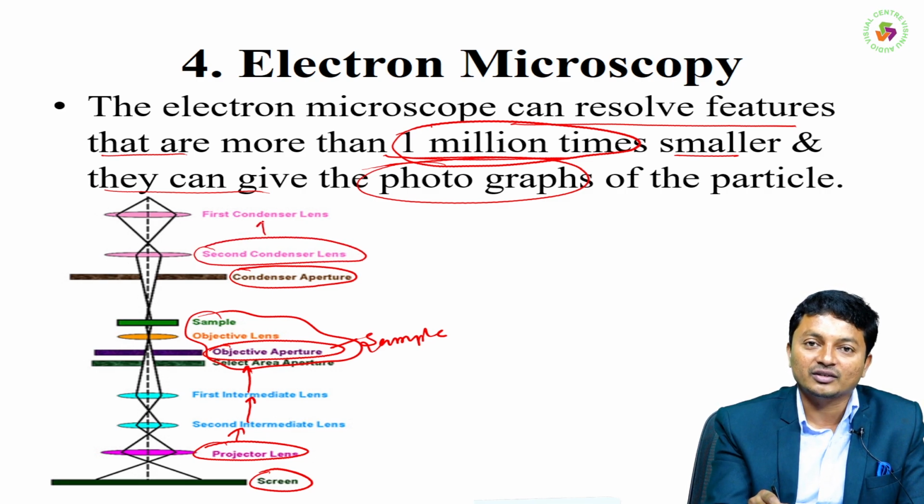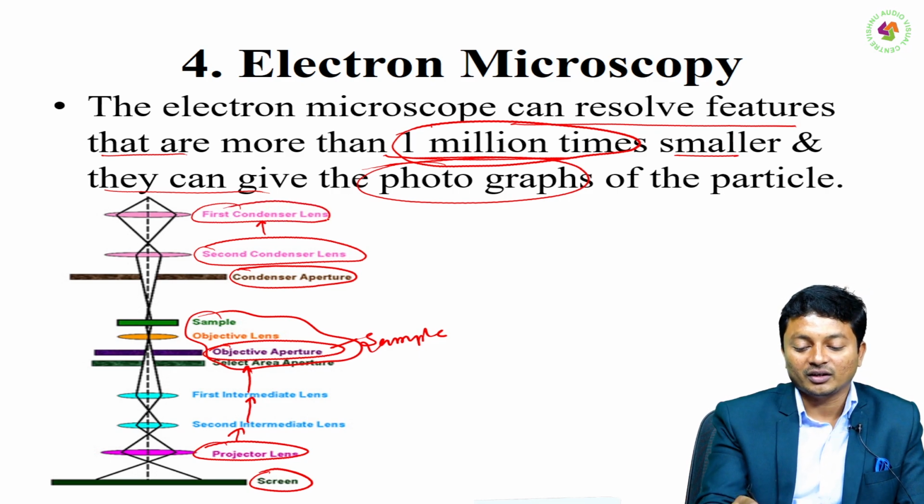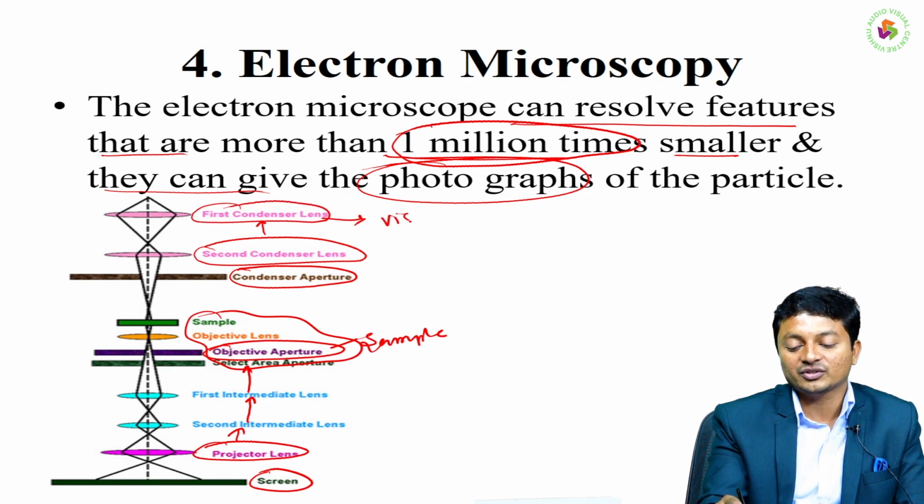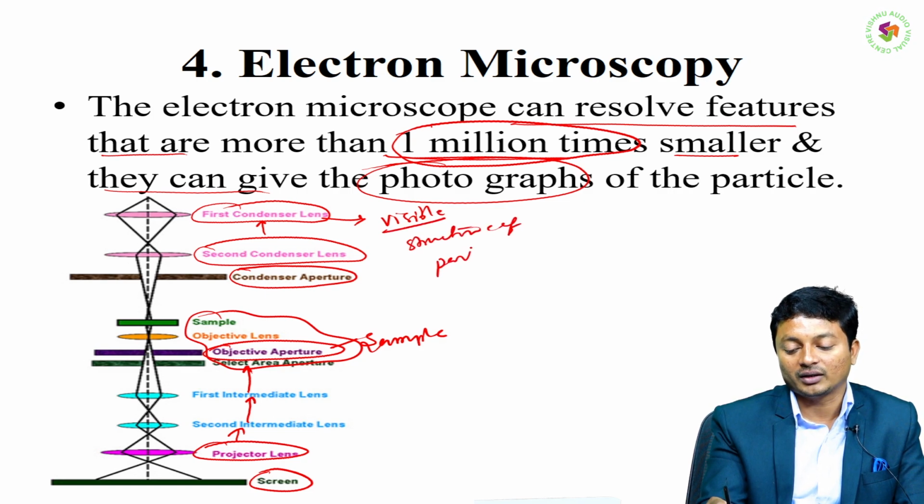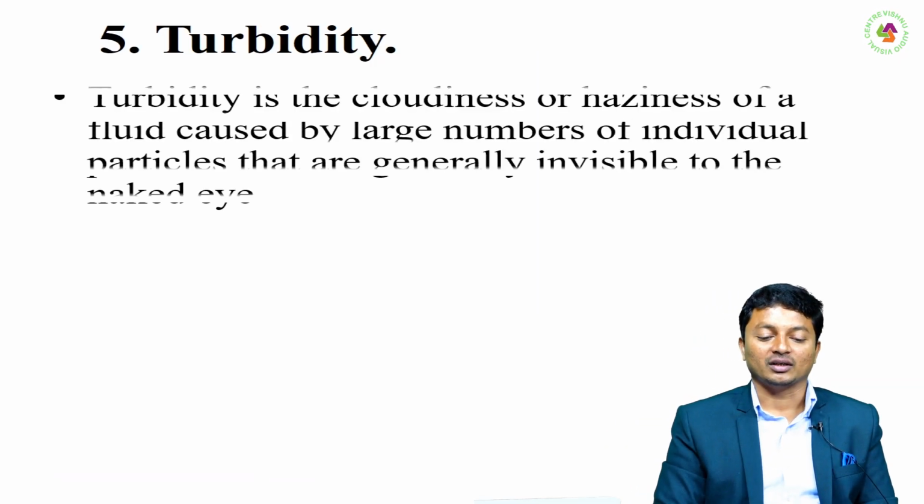From the secondary condenser aperture it goes to the first condenser lens. From here we can see the structure of the particle or the sample. Now we'll discuss turbidity.